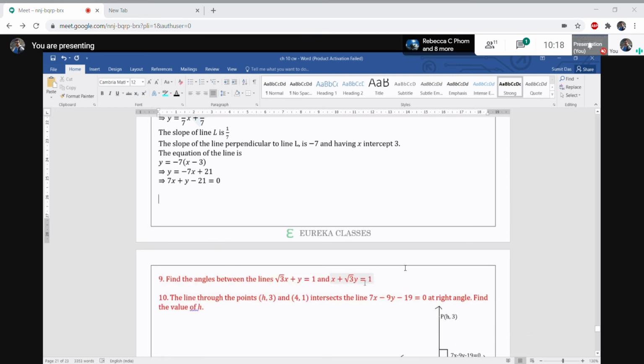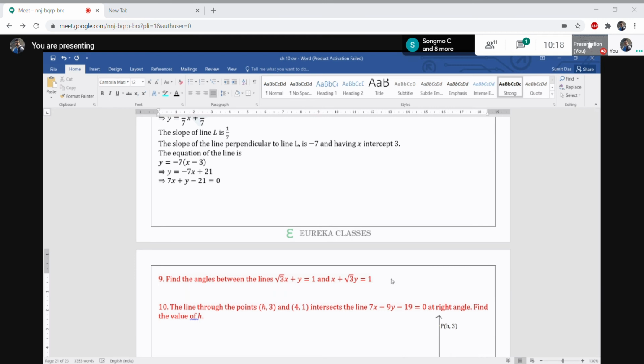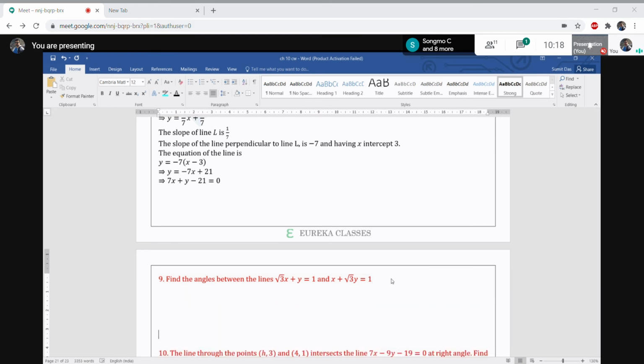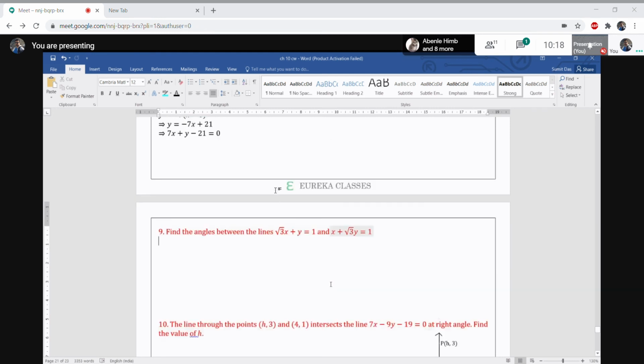Okay, then question number 9. Question number 9 is saying the angle between these two. Okay, so you can see this question is from the previous one. So angle between these two means you have to find the slope of this line and slope of this line. Then you have to put in the formula.